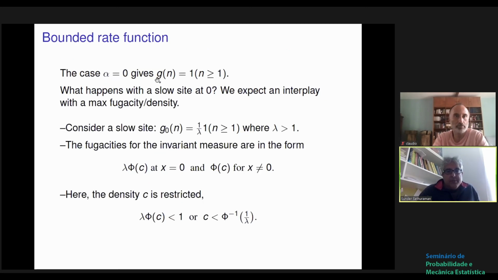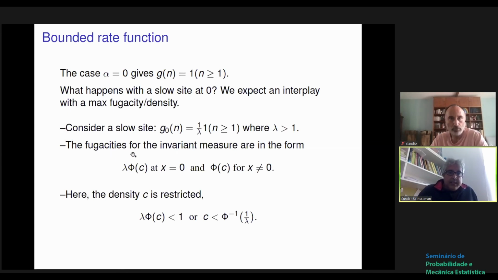Let me just mention very briefly what happens in the bounded case. If alpha is equal to 0, then if you look at that formula that we had for G, it reduces to this indicator, this kind of rate. And if we make a site slow, we can do so by simply multiplying by a factor smaller than 1 over lambda, where lambda is bigger than 1. This is kind of interesting.